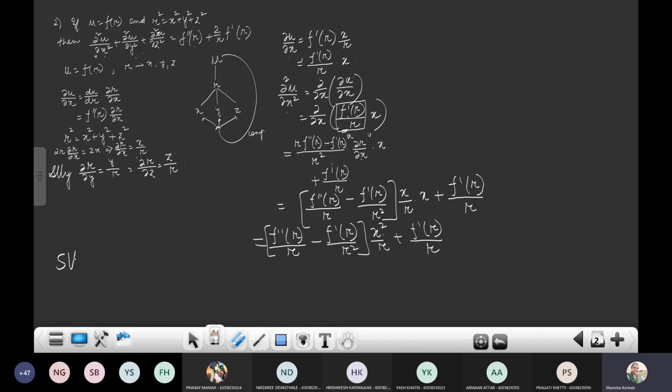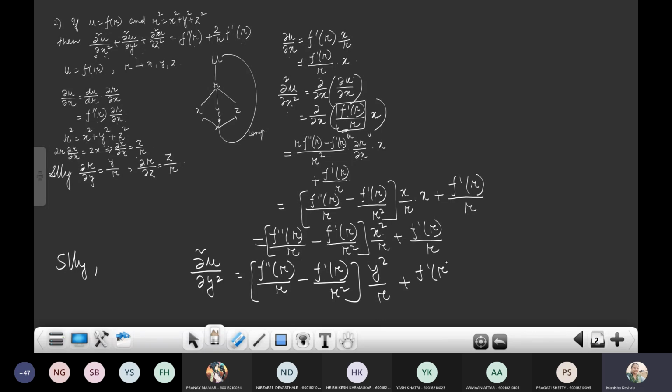Therefore we can write similarly: del square u del y square will be equal to f double dash of r by r minus f dash of r by r square into y square by r plus f dash of r by r. Similarly, del square u del z square is equal to f double dash of r by r minus f dash of r by r square into z square by r plus f dash of r by r.